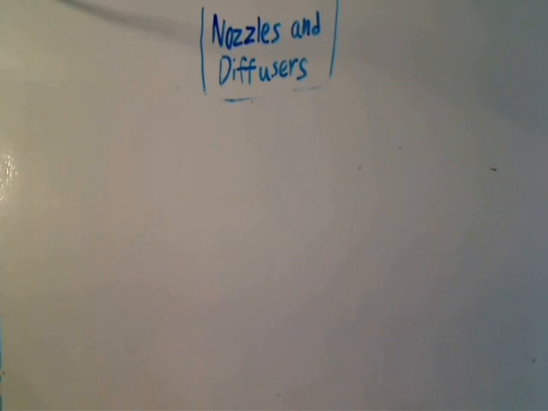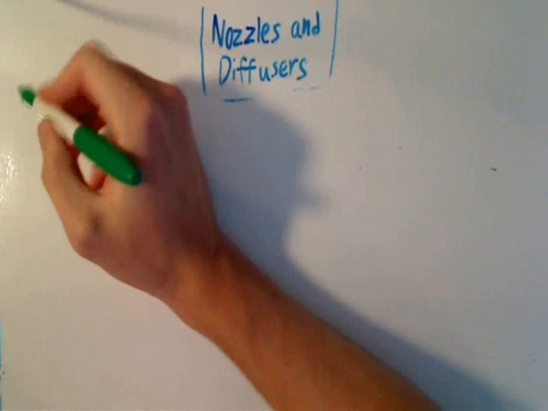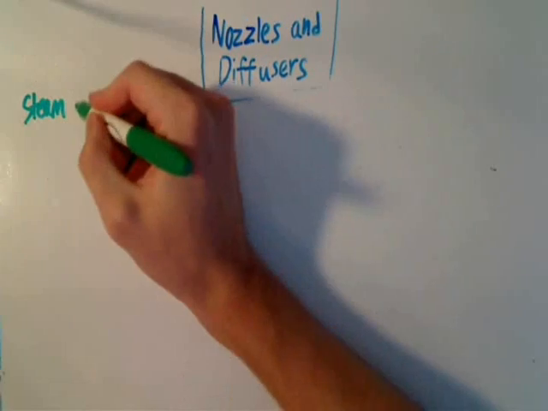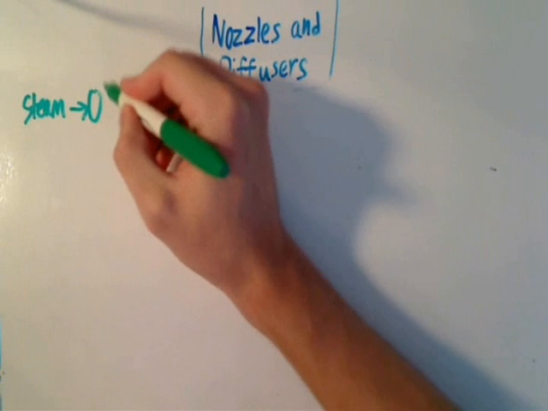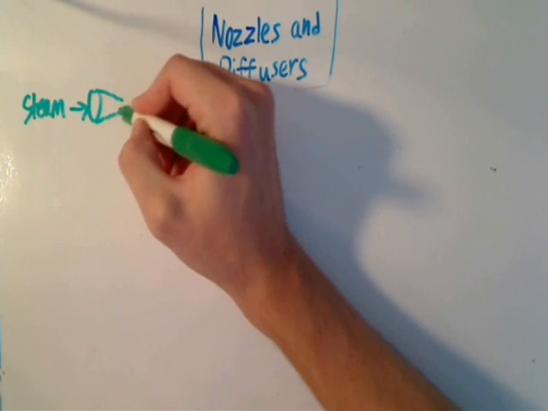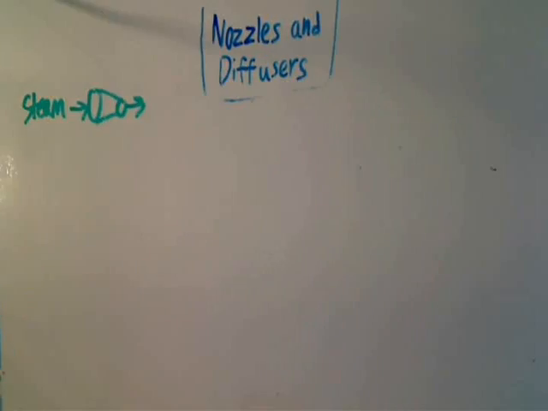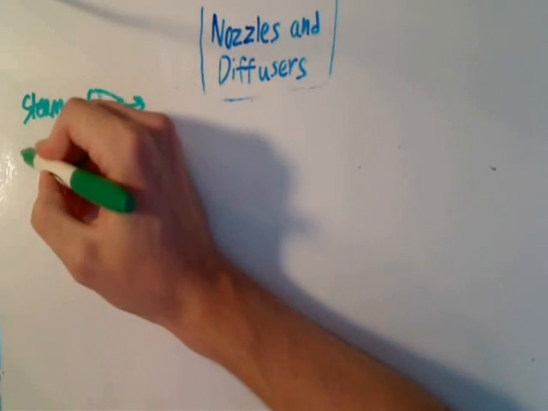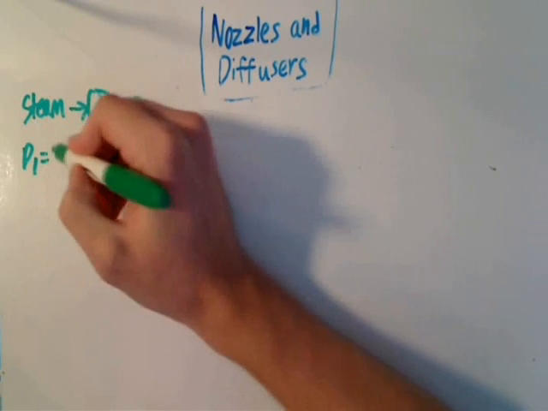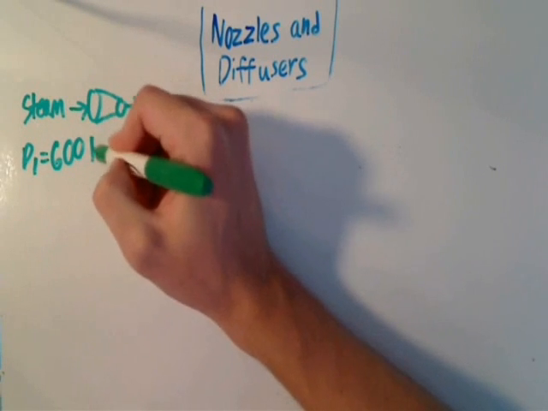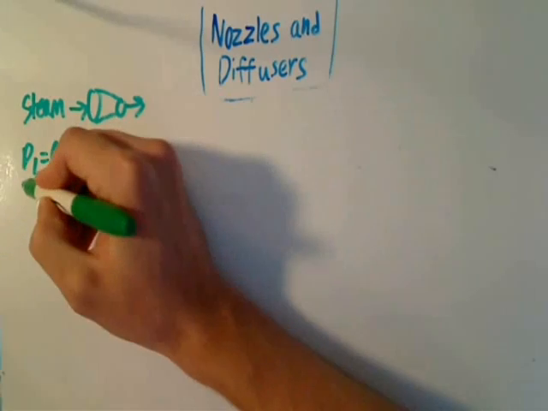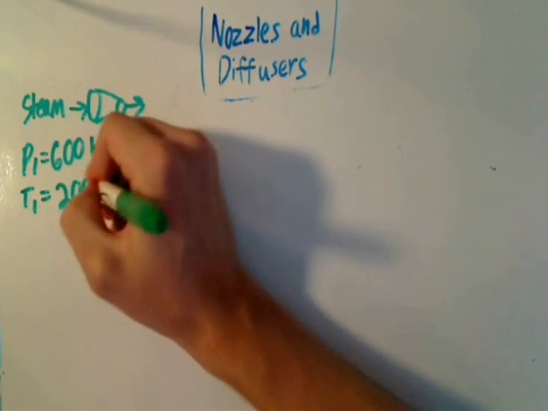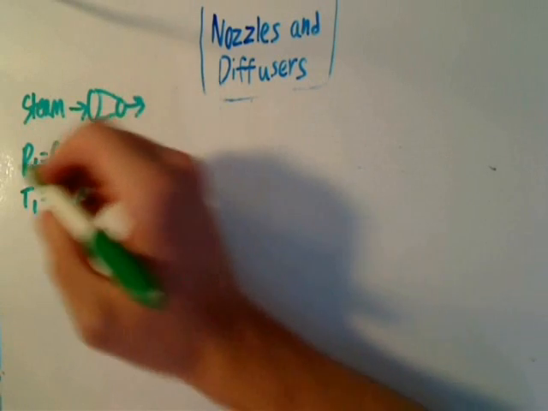And time for the practice problem. In this problem, we're going to have steam enter into a nozzle and come out. Before it goes into the nozzle, its pressure is 600 kPa. Its temperature is 200 degrees Celsius.